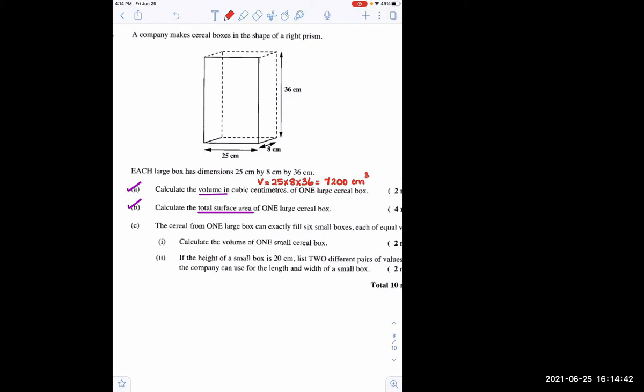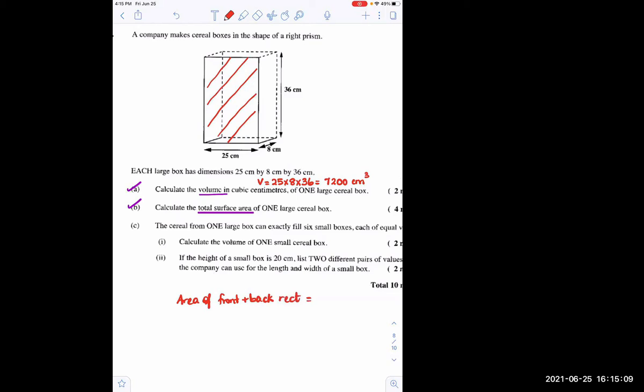Let's find the area of the rectangles. So remember the cereal box. When you go in the pantry, look at the cereal box. So we're looking at the first face here, the area of the front and back rectangle.